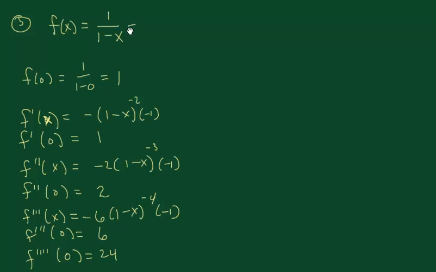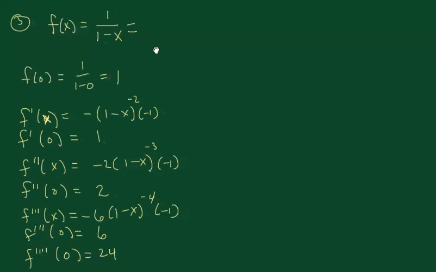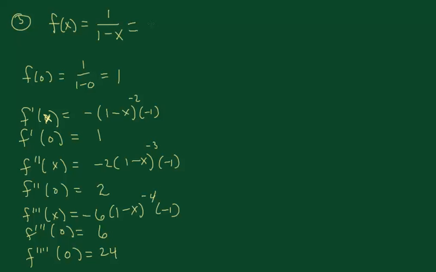Okay, so now our function is going to be these coefficients in front of that general x plus x squared over 2 factorial, etc., etc. So our first term is 1, plus 1 times x, plus 2 times x squared over 2 factorial, plus 6 x to the third over 3 factorial.